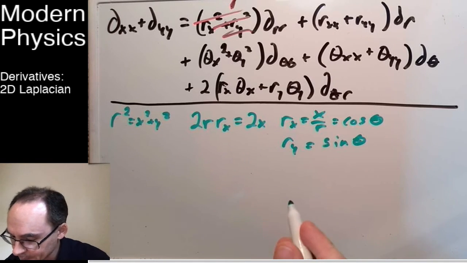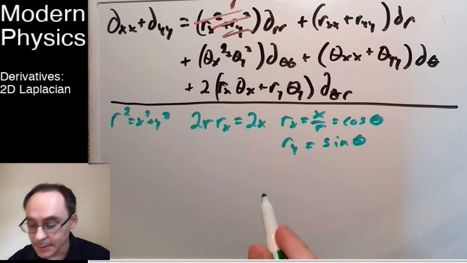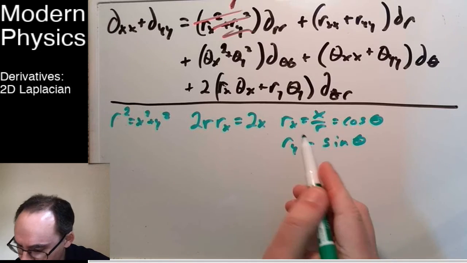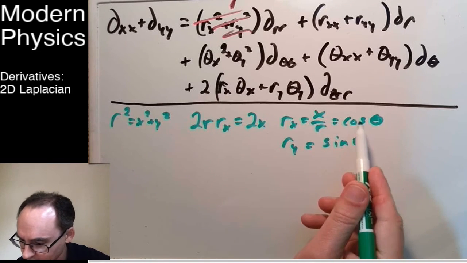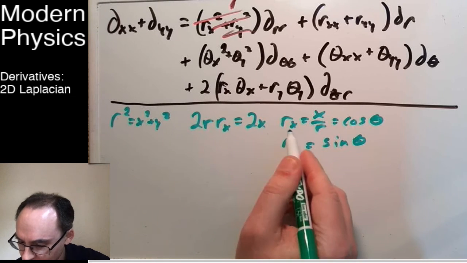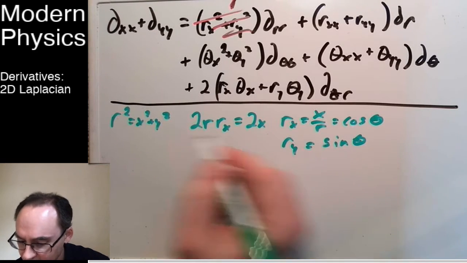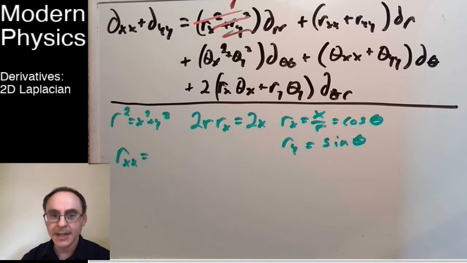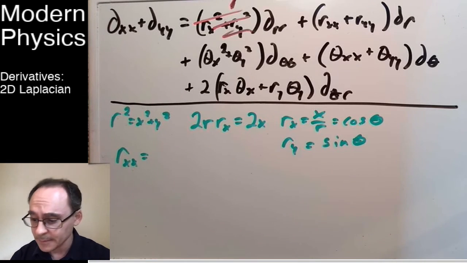So that's nice. What about second derivatives? I could do this in a number of different ways, but I've got the first derivative here, so I could just take a second derivative of this one. If I take the derivative with respect to x of both sides of this, I get that rxx equals, now I have to take the derivative with respect to x of cosine theta.